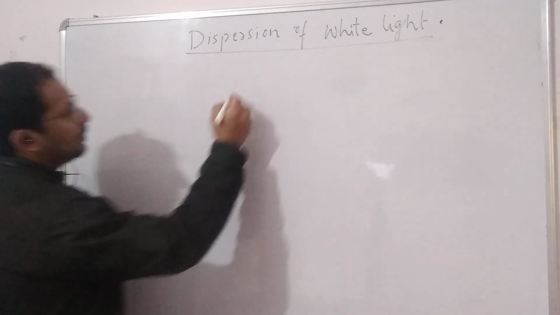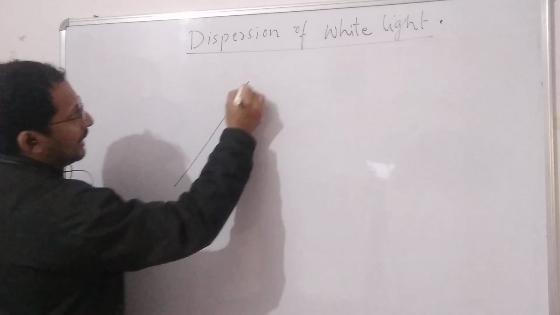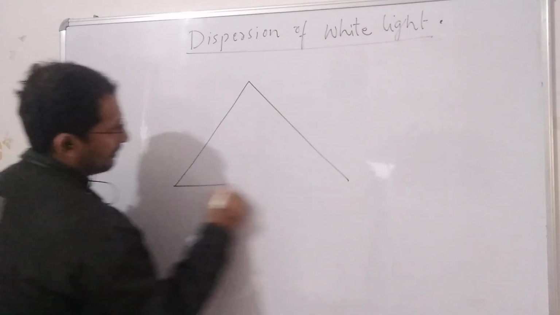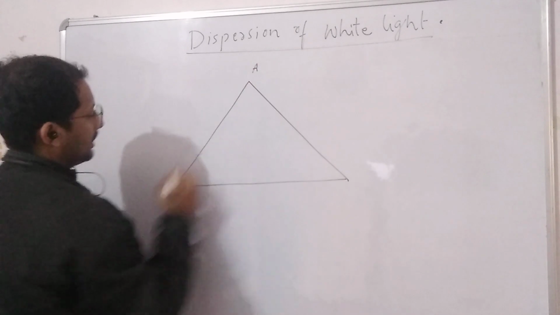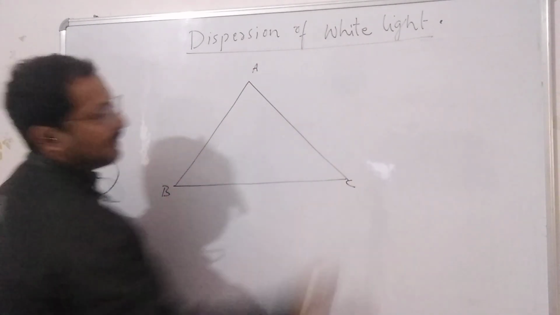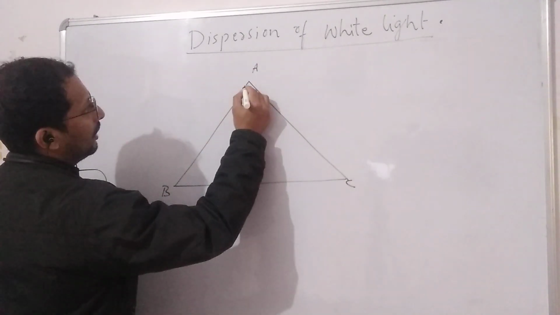First of all, you have to understand that in a prism, if this is the prism, consider three vertices ABC, and this is the angle of the prism.